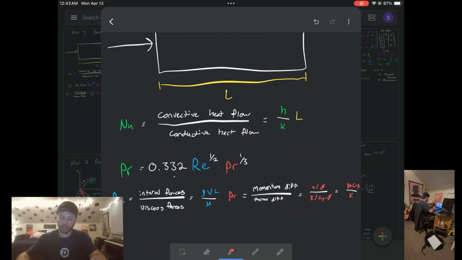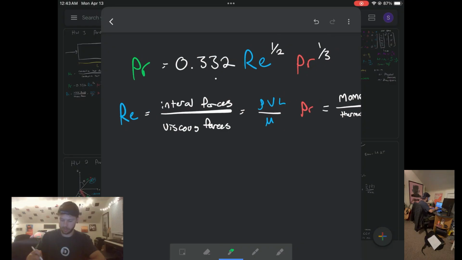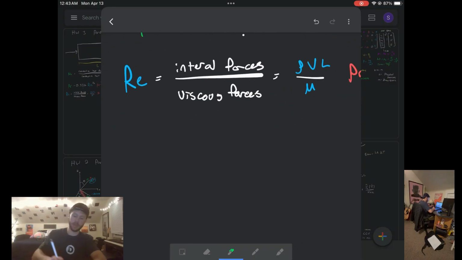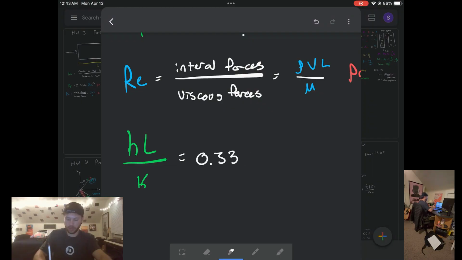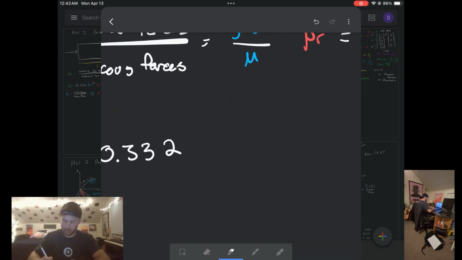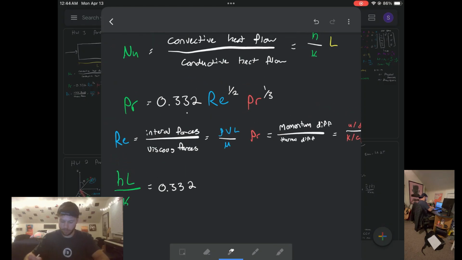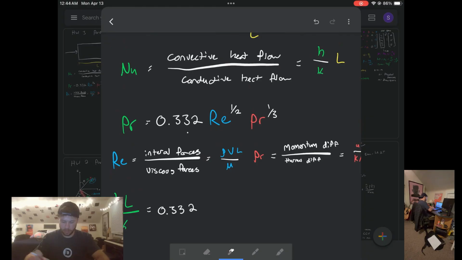So if we rewrite our Nusselt number equation in these units, we'll say our Nusselt number, our heat coefficient times our length divided by our thermal conductivity, is equal to that experimentally found value 0.332 times our Reynolds number.